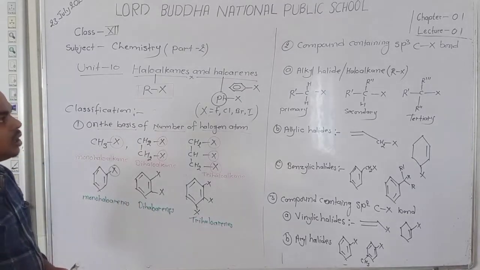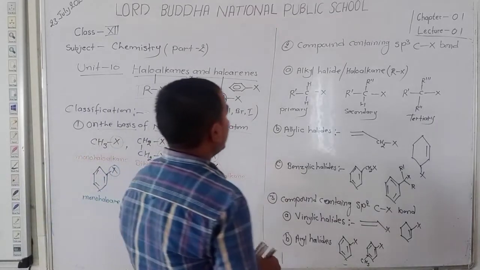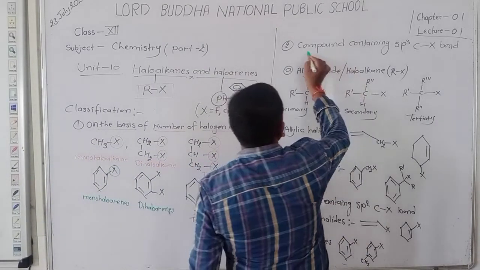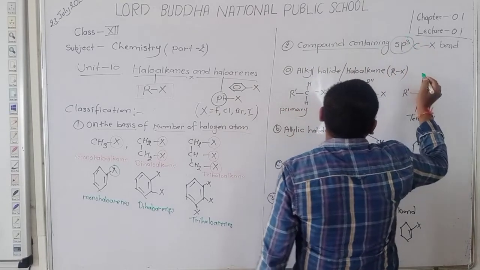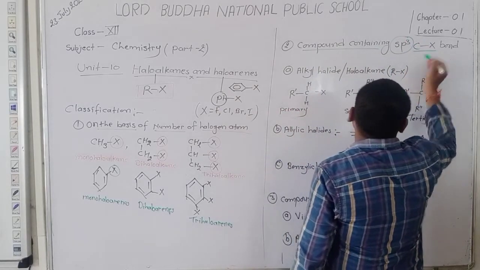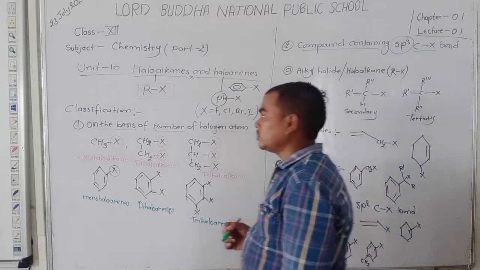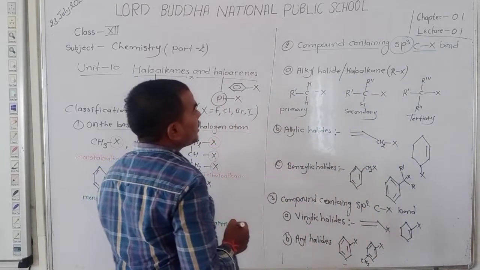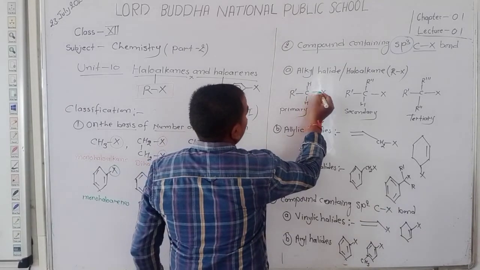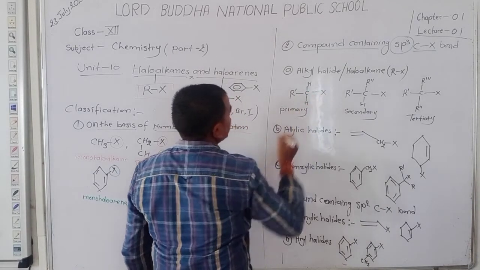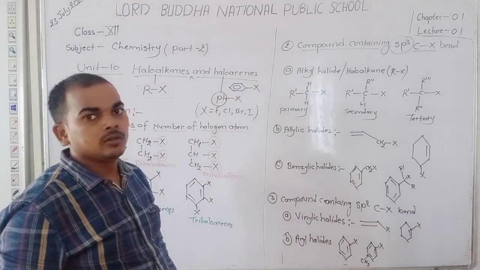Now we discuss the next classification, on the basis of compounds containing sp3 hybridization with a C-X bond. Here you observe 1, 2, 3 sigma bonds present around the carbon.